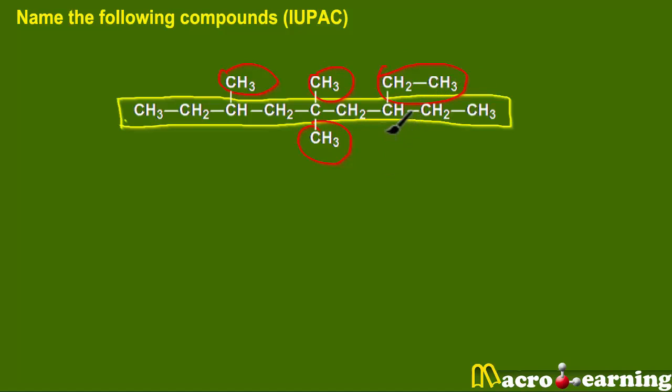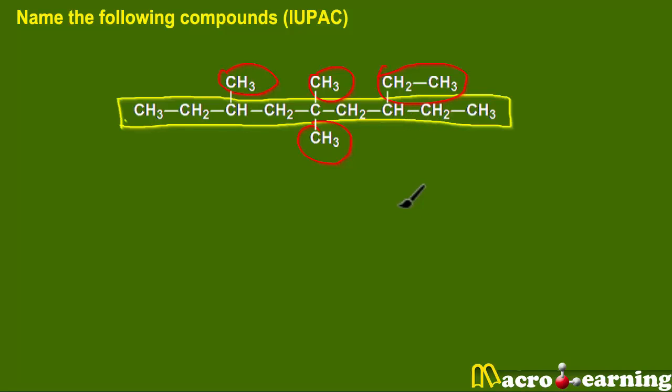Now the question is how we do the numbering. Do we start from the left or the right? This is where it gets interesting, because whichever side you start from, you always have a substituent that's going to receive the lowest possible number.